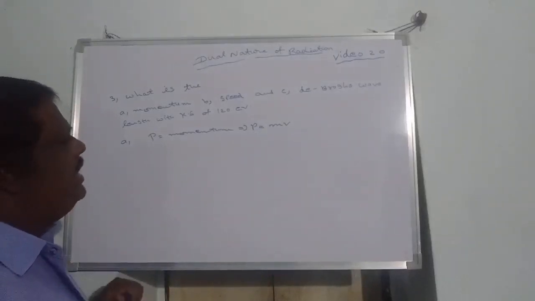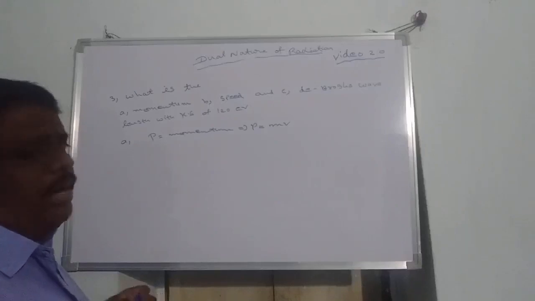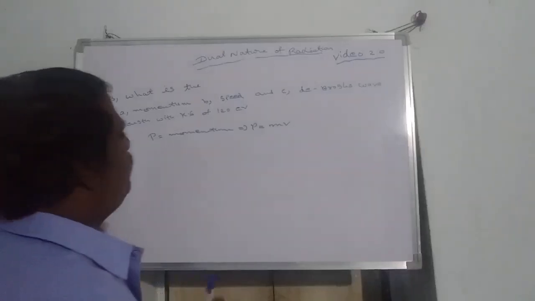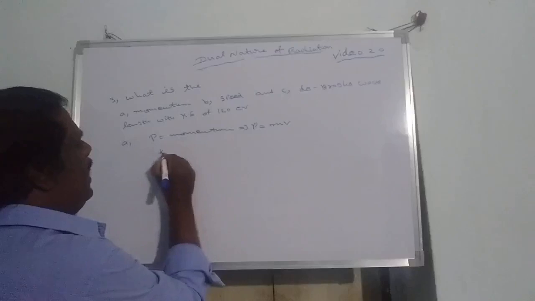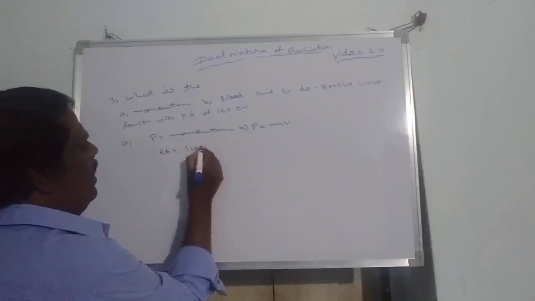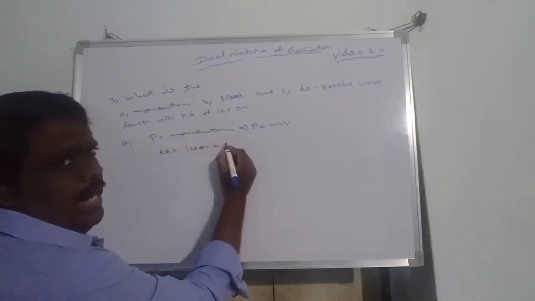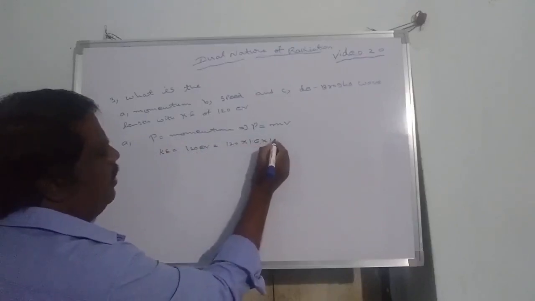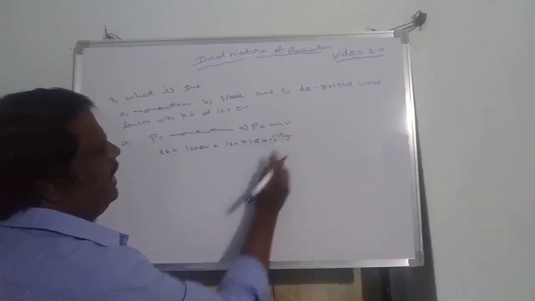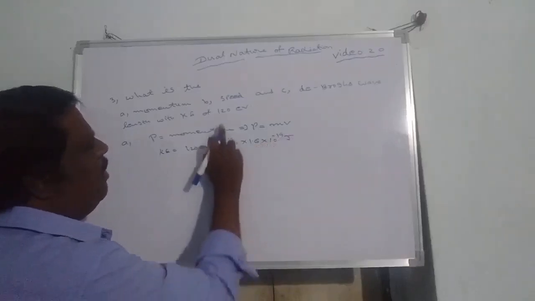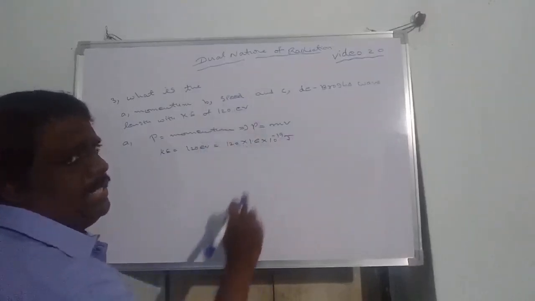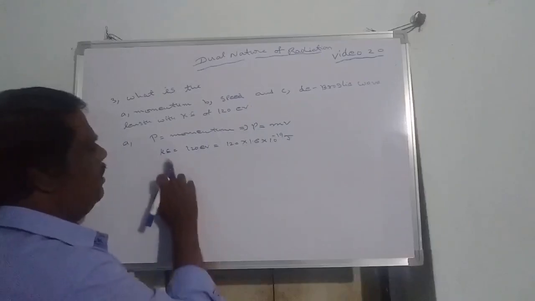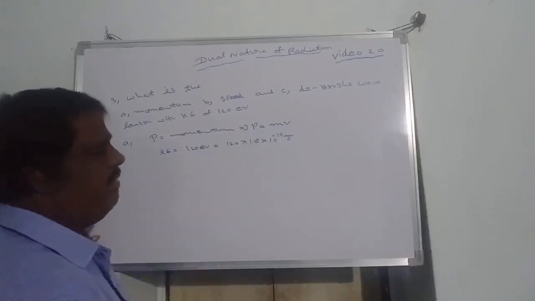Or there is one more way to calculate the momentum. Here the kinetic energy they are given is 120 electron volt. We know that 1 electron volt is equal to 1.6 into 10 power minus 19 joules. This kinetic energy they are given.